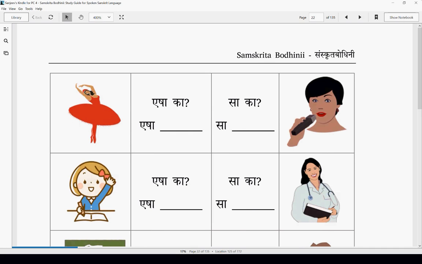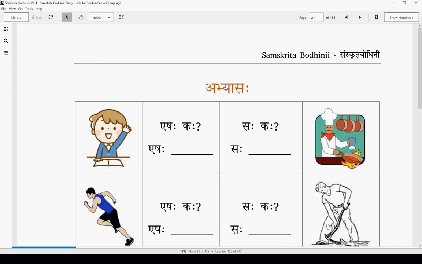Okay, we can do a couple of them. Eshaha Chhatraha. Eshaha Kaha, that also you can read.